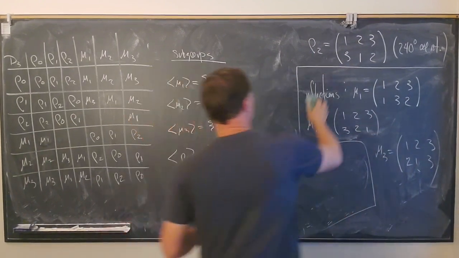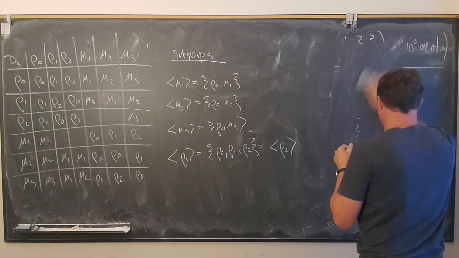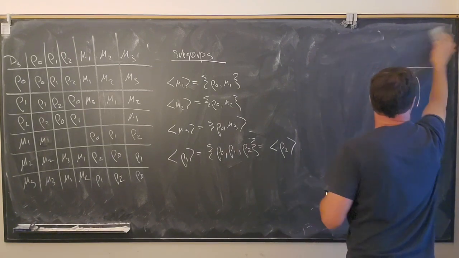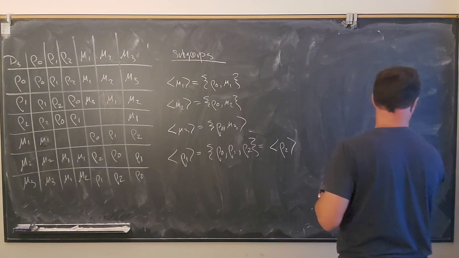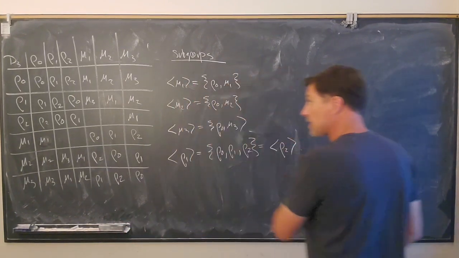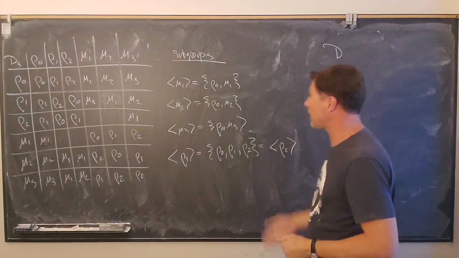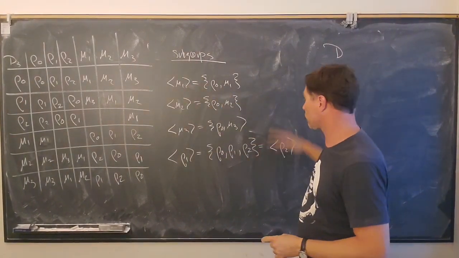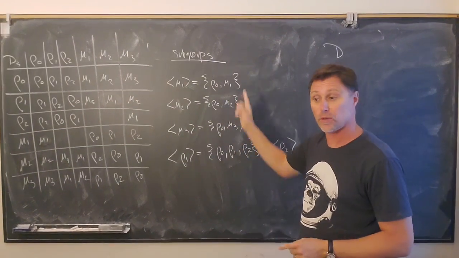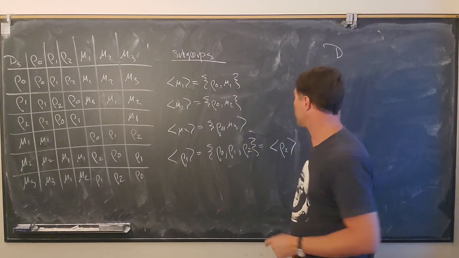So this is not typical, but in this case, all of the proper subgroups are cyclic. D3 itself is not cyclic, though. Right? We just wrote down all the cyclic subgroups right here, and you don't see D3. You don't see any element that has order 6. So D3 is not cyclic.